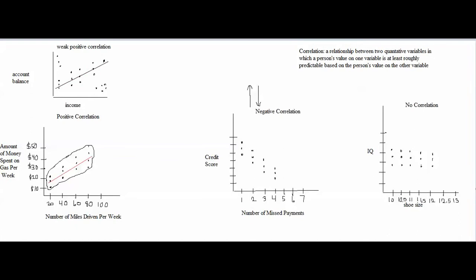So I was thinking that this would probably be a strong positive correlation, meaning more consistent, and this one up here would probably be a weaker positive correlation, meaning it would be a lot less consistent.